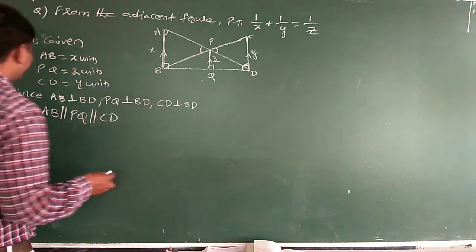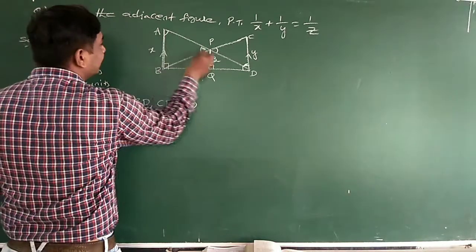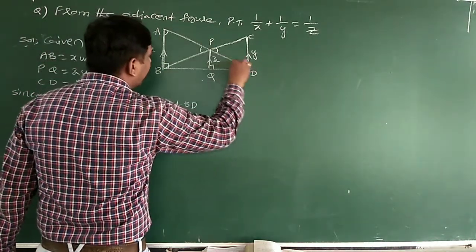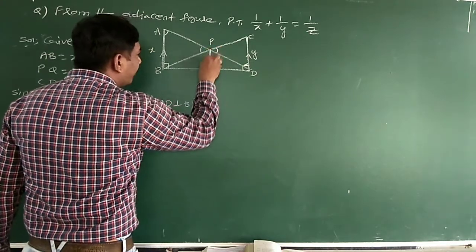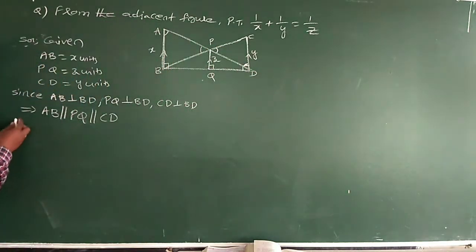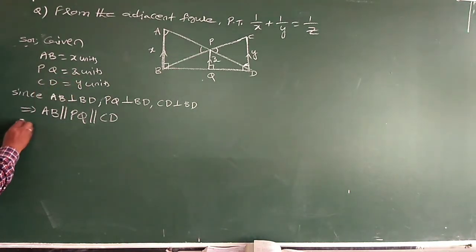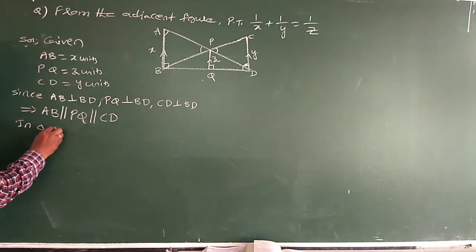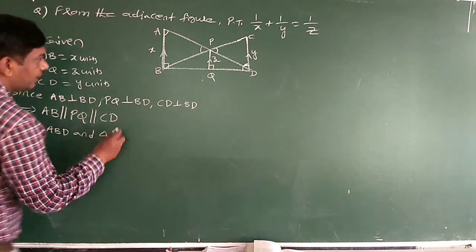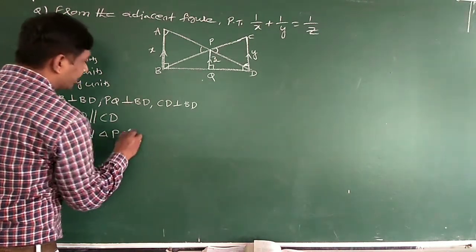Now the next step: consider the triangle ABD and triangle PQD.